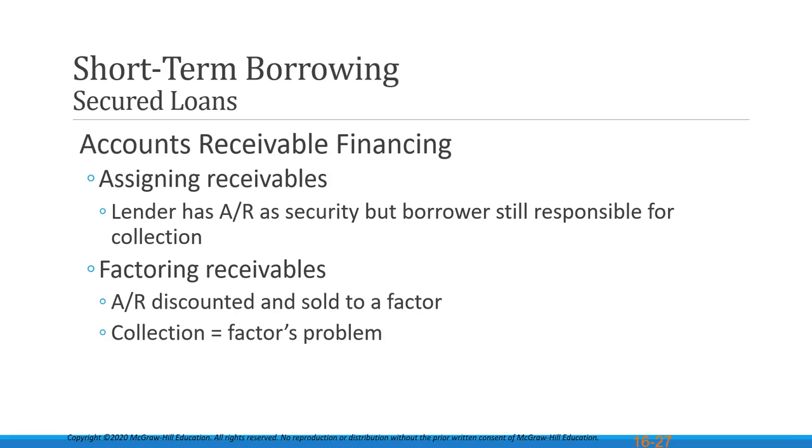The other method is factoring receivables. This is where we sell our accounts receivable to a factor, and they are responsible for collecting it. When we factor receivables, we sell them for a discounted price, and then we put the onus on collection to them.